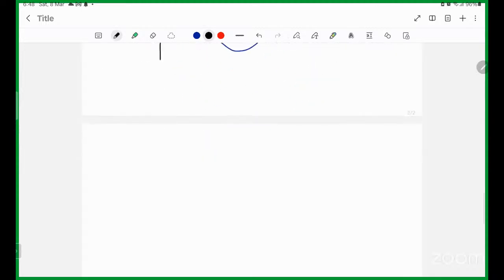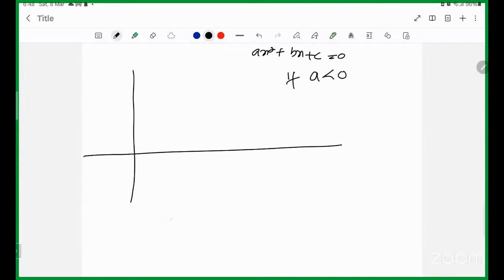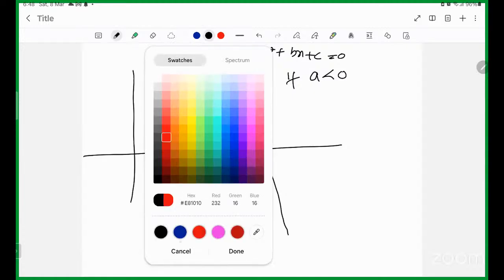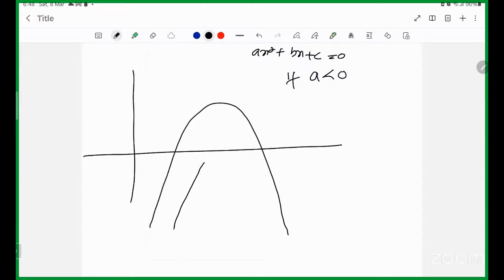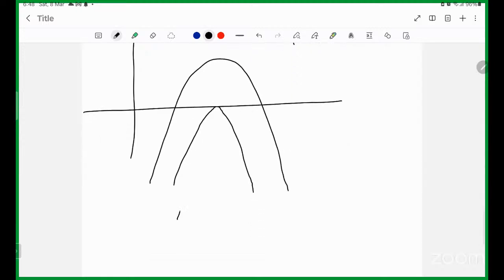If in the same equation ax square plus bx plus c equal to 0, the graph is drawn downward like this, एक आएगा, दूसरा ऐसा आएगा, touches the x-axis, another one like this.